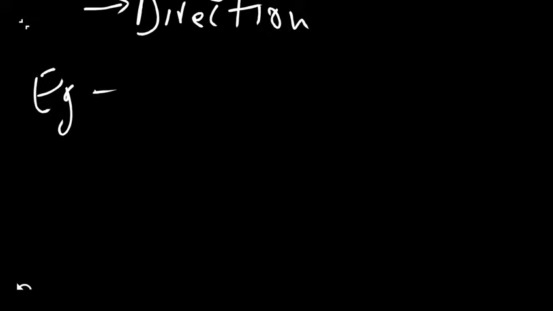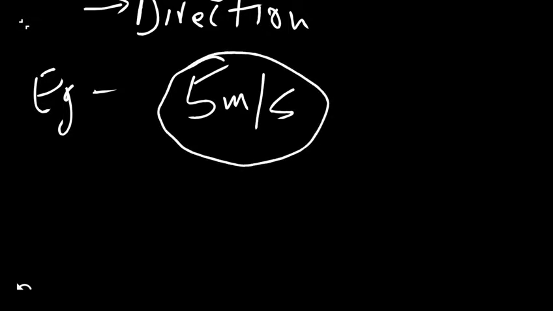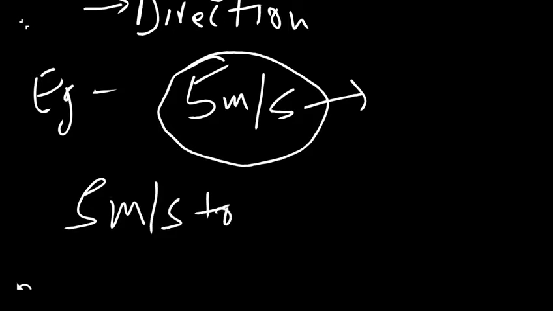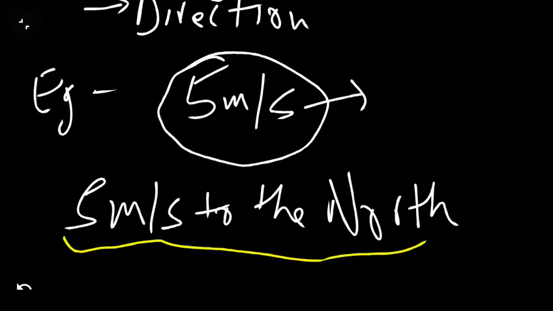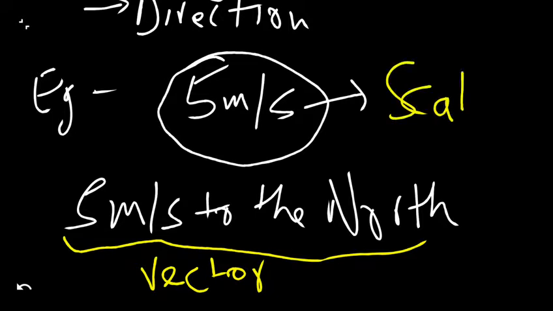Imagine a vehicle is going with a speed of 5 meter per second. As you can see, this has only the magnitude, but if we write this as 5 meter per second to the north, this will be a vector, while this other one that had only the magnitude will be a scalar.